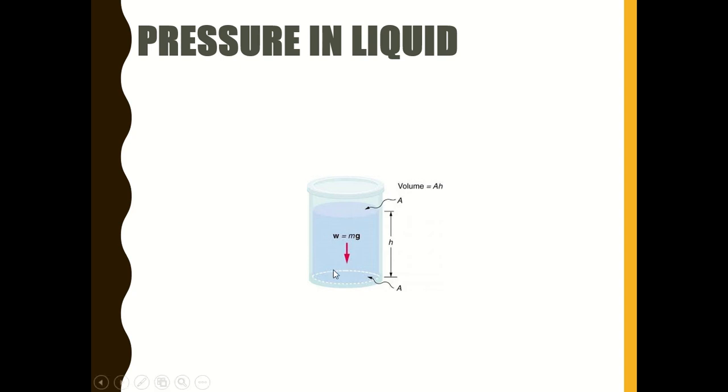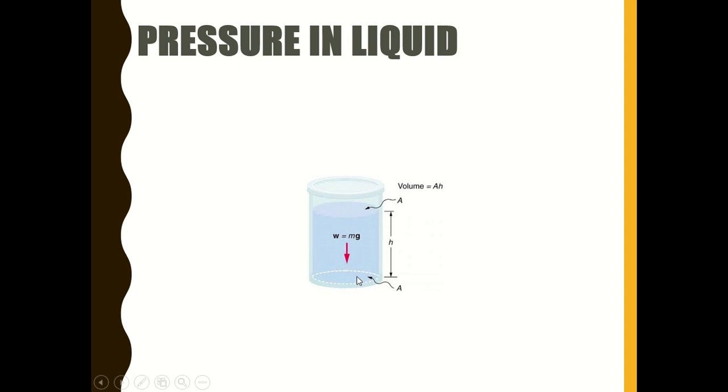Look, everybody, the bottom surface area of this container is A, and liquid is kept in the container. The height of the liquid is H. Volume equals length into breadth into height, so here volume can be written as area into height.